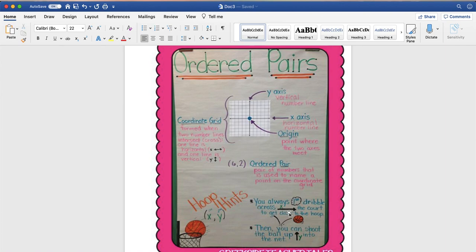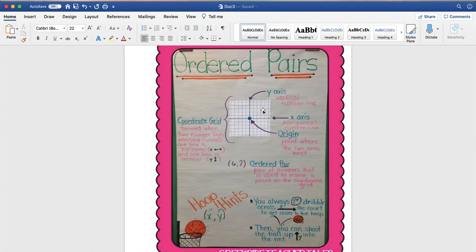So remember, this whole thing is called our coordinate plane. As you can see, our y-axis goes up and down. Our x-axis goes from side to side. Where the y-axis and the x-axis meet, this point here in blue, that's our origin. And we have 4 quadrants.